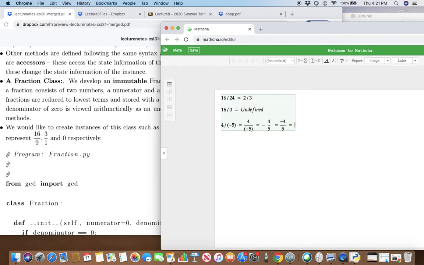So if the user gives you this, your class should write it as this, simply because this is what we are used to seeing. We don't typically write a negative in the denominator. It's a matter of taste. That's about it.